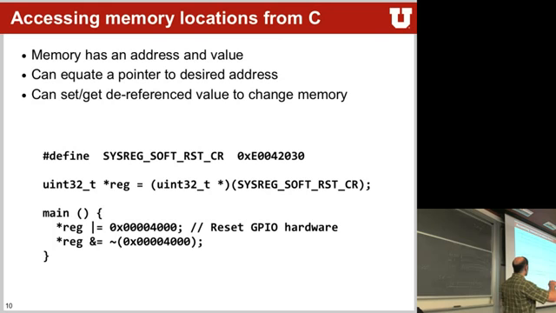If you want to read it out, or if you want to write into it, you can do a star reg or equal this particular constant here. What does this do? Exactly, it will read this memory location, right? Because we have the star of the pointer. It will actually operate on the memory location, not on the pointer itself.